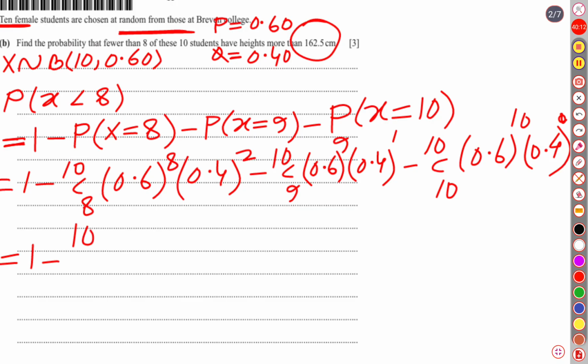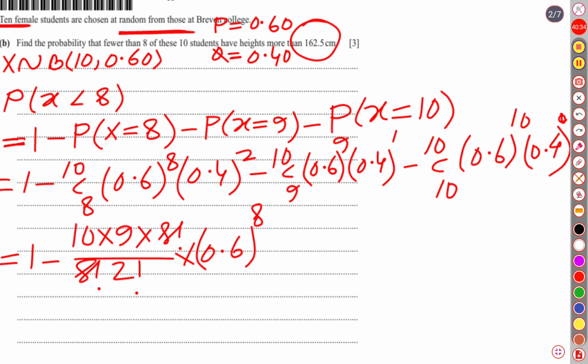You can use the calculator for an easy, short and quick method, but I feel comfortable writing it manually. 10 into 9 factorial over 8 factorial into 2 factorial, into 0.6 raised to 8, and 0.4 raised to 2, minus 10 choose 9, which is actually 10, yet I am going to show you 10 into 9 factorial over 1 factorial into 9 factorial. 1 factorial means 1.